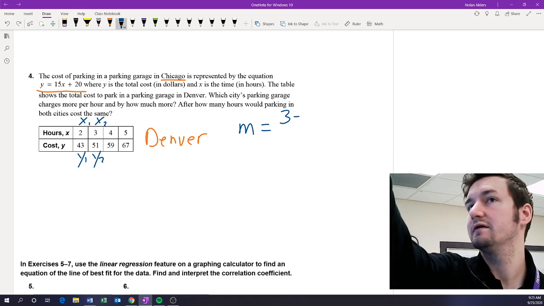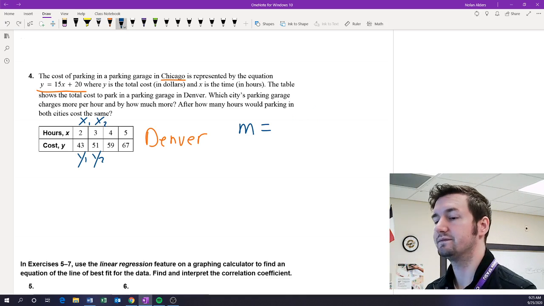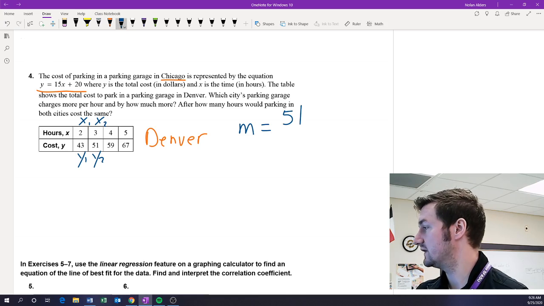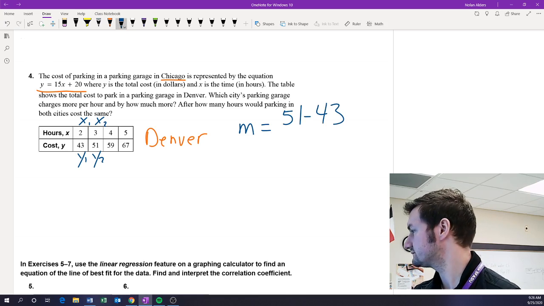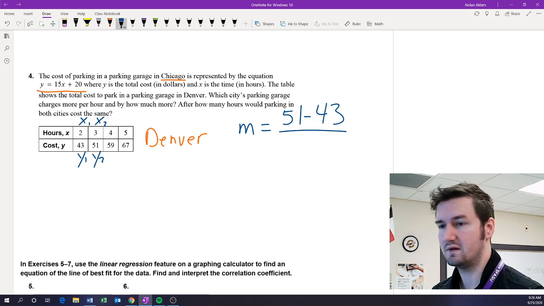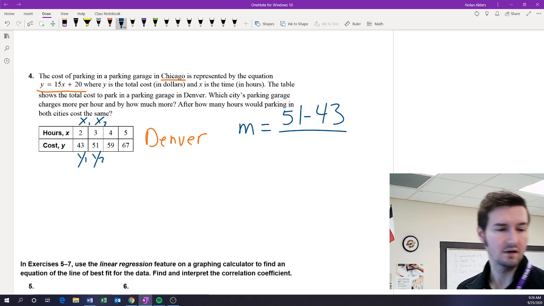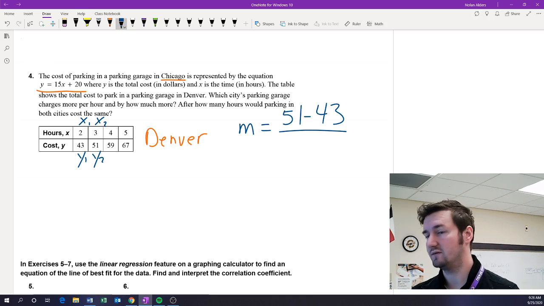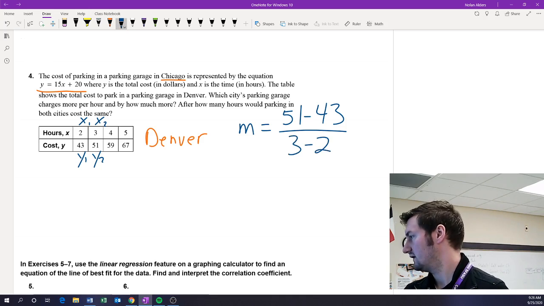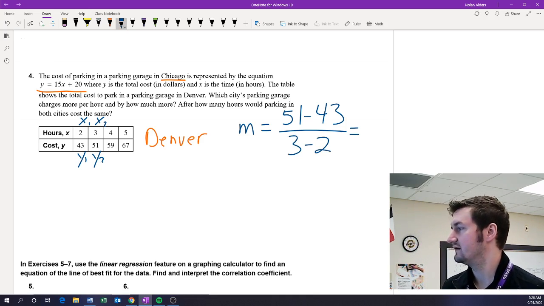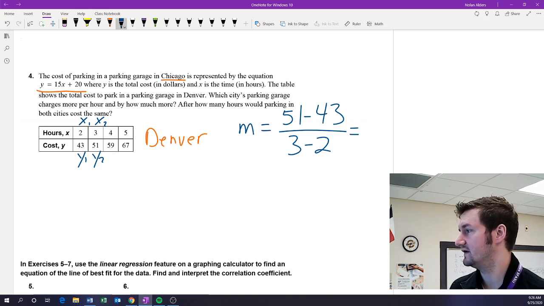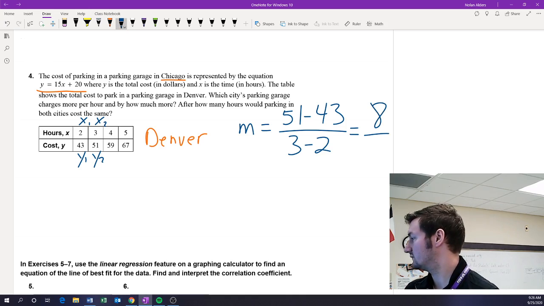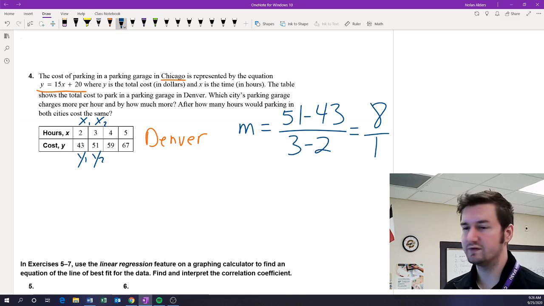Oh, we're supposed to put y on top. All right, so y2 minus y1 is 51 minus 43 divided by, let's see, 3 minus 2, right? x2 minus x1. So we're going to get 51 minus 43 is 8, and 3 minus 2 is 1. So it looks like our slope is going to be equal to 8.